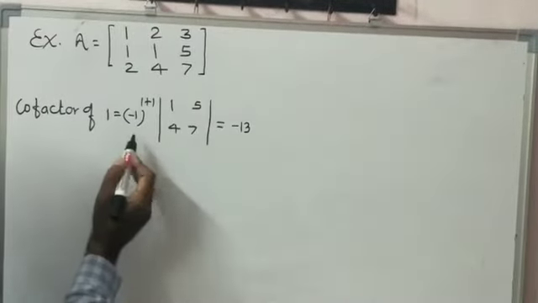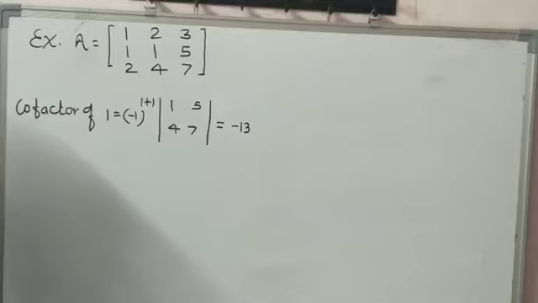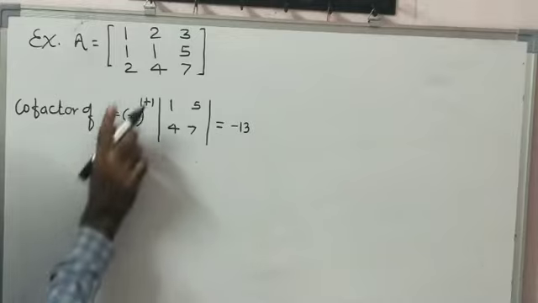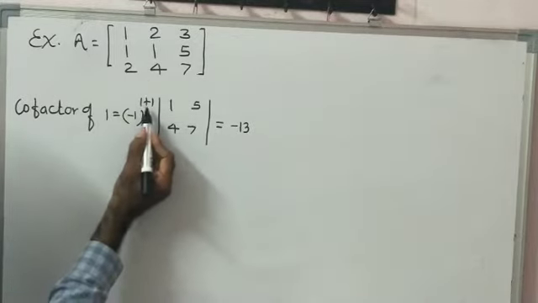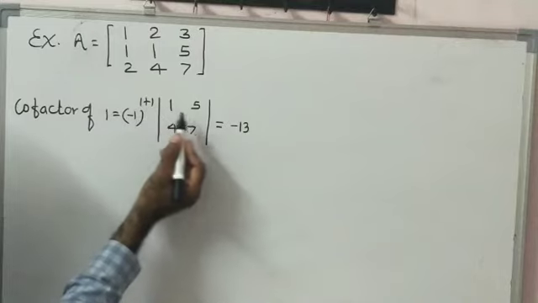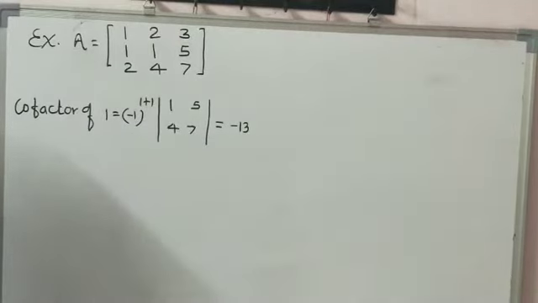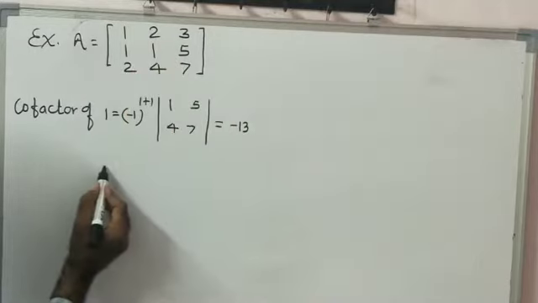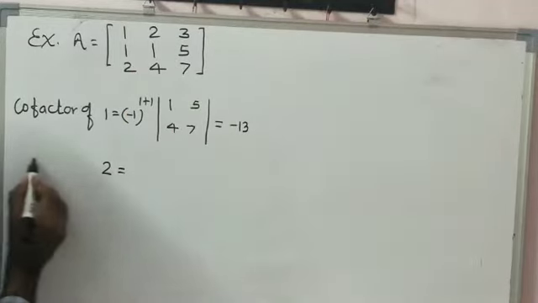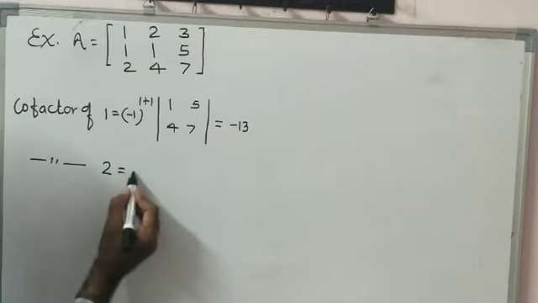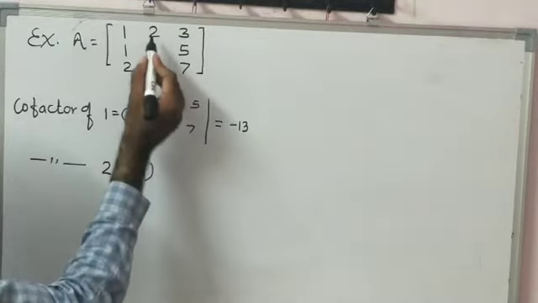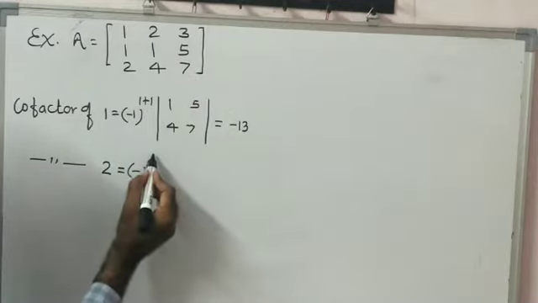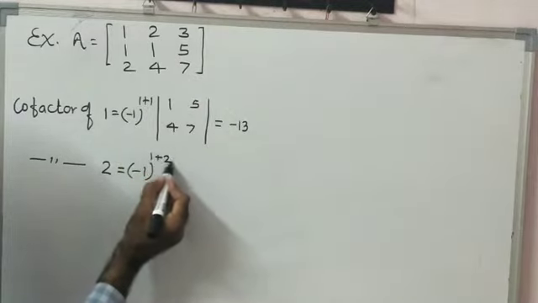Find the cofactor of all elements. Cofactor of 1, this element: (-1)^(1+1), first row, first column, and this is the cofactor of the first element. Now consider this element 2: (-1) to the power first row, second column.